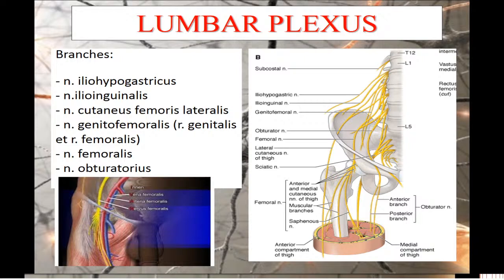That's why, if any damage occurs with the femoral nerve, most bright symptom will be impossibility to flex the thigh in the hip joint and extend it in the knee joint.